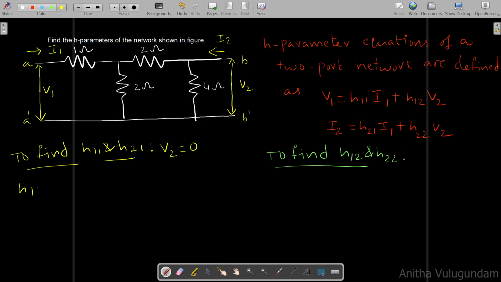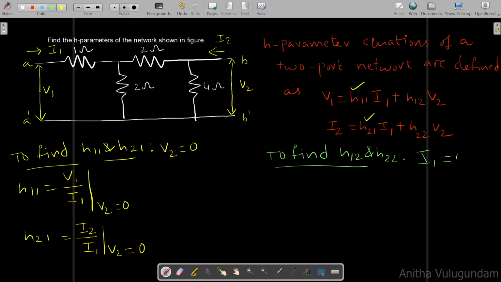So from the equations we can write H11 equal to V1 by I1 when V2 equal to 0, and from the second equation H21 equal to I2 divided by I1 when V2 equal to 0. To find H12 and H22, I1 equal to 0.